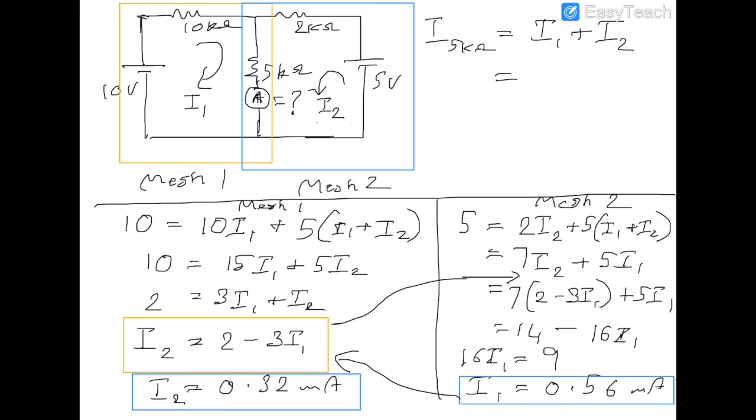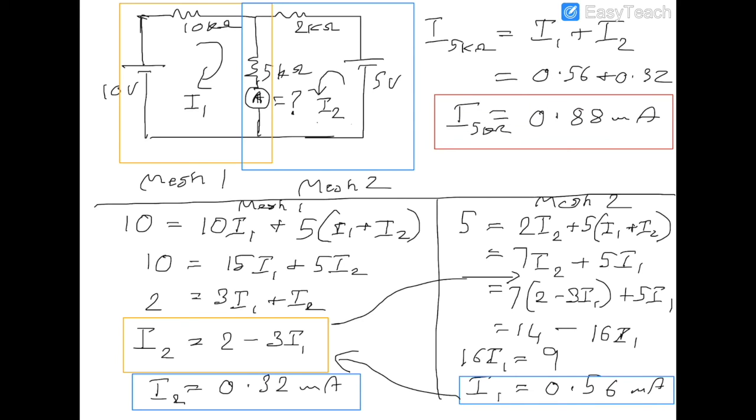So if you add I1 and I2, it's 0.56 plus 0.32, which is 0.88 milliamperes. That is your final answer.